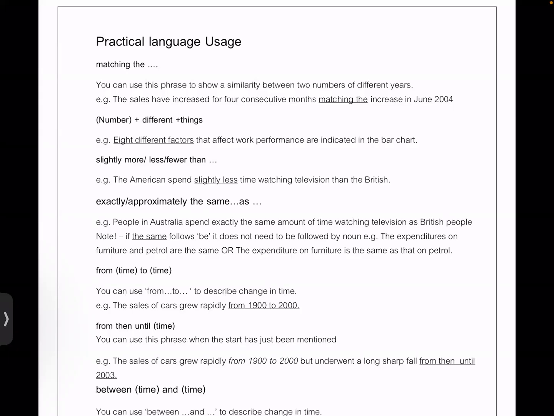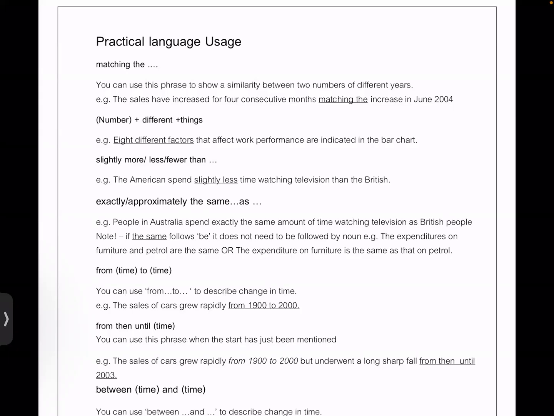So when you describe two similar quantities, not really similar, when you look at their change in the figures, and they sort of have the same characteristics. They were both increasing, and they were both increasing slowly, or they were both increasing significantly. All right. You can use matching.